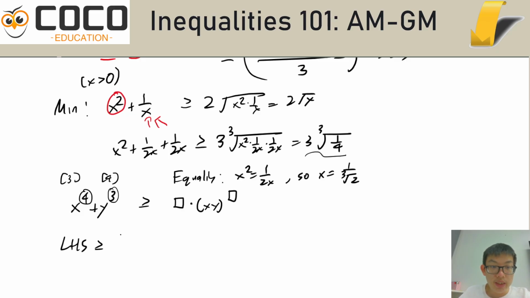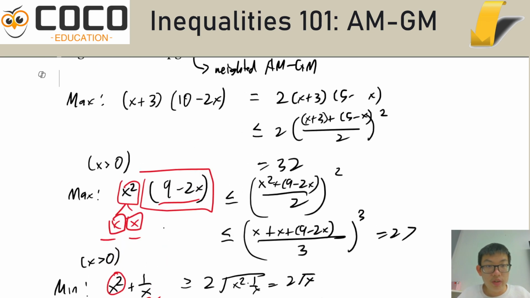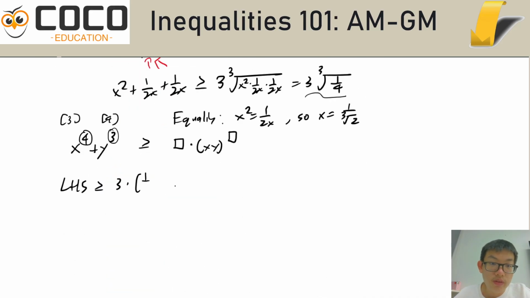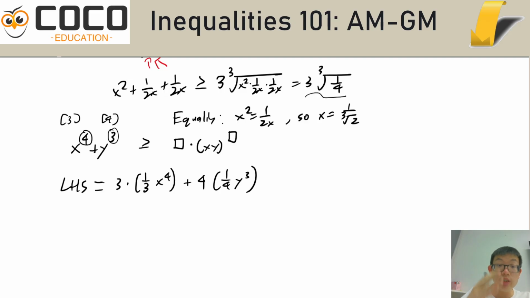And I can say that it is 3 copies of 1/3 x to the 4 and 4 copies of 1/4 y cubed. So this is not yet an inequality, so just to avoid confusion, this is equal.